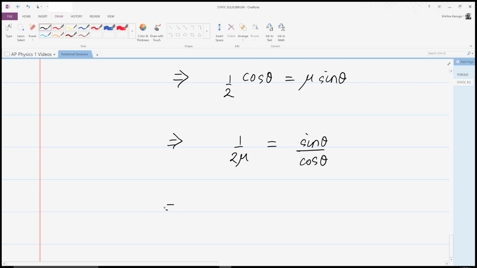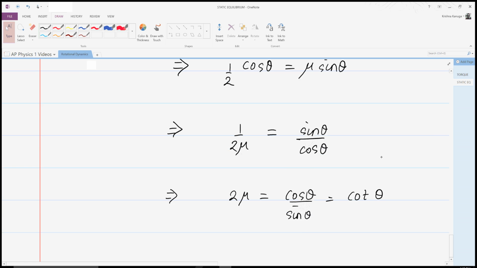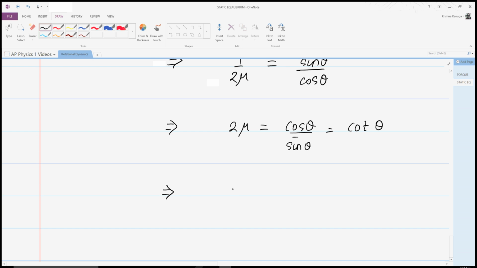We can write this instead as 2 mu is equal to cosine theta over sine theta, which is equal to cotangent of theta, and therefore we end up getting theta is equal to cotangent inverse of 2 mu.